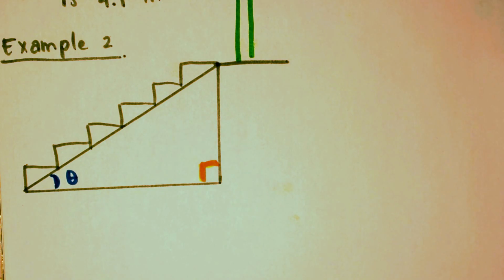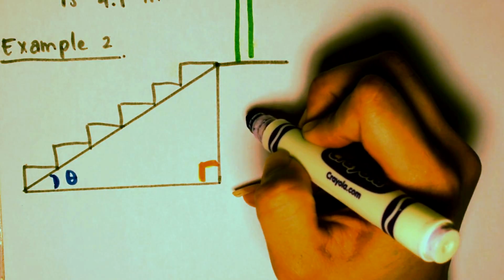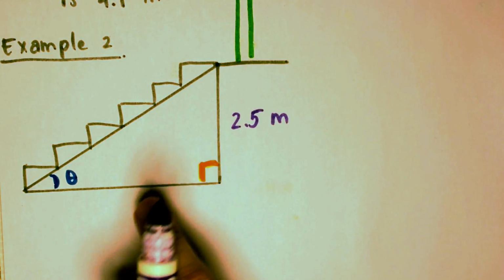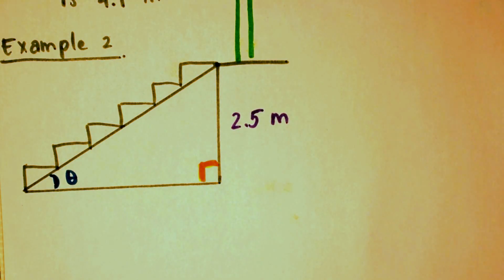Okay, so let's call this 2.5 meters. And over here, how long do you want that to be? Let's say 4 meters? That's a long set of stairs. Maybe 3 meters. Yeah, call it 3 meters.